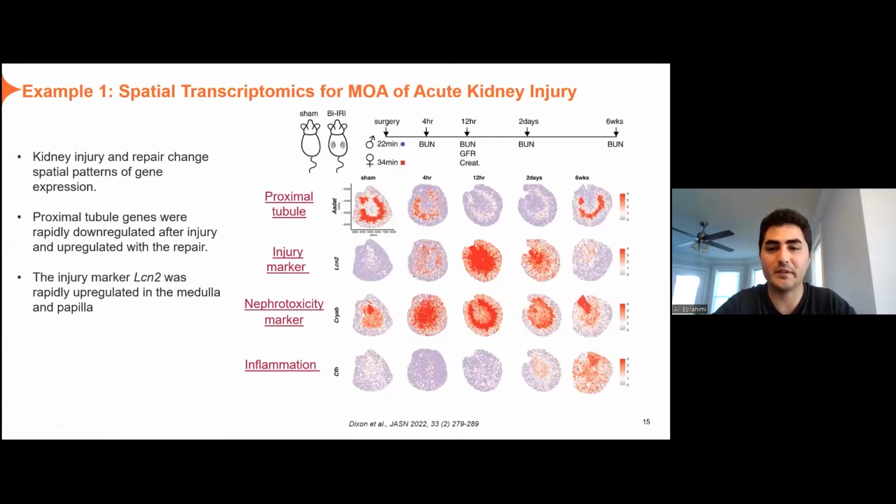The opposite effect comes up with another biomarker, which shows regional specific expression in the control mice, but loses its expression in the injury and gains it back during the healing.